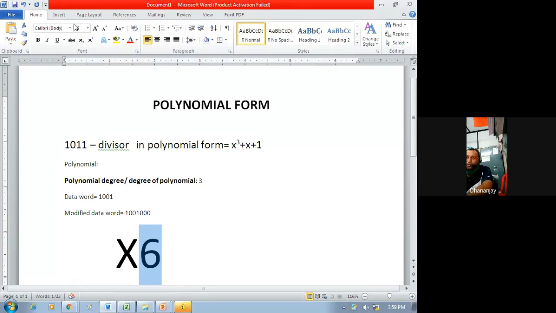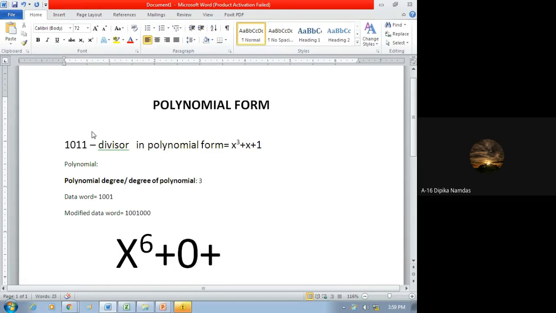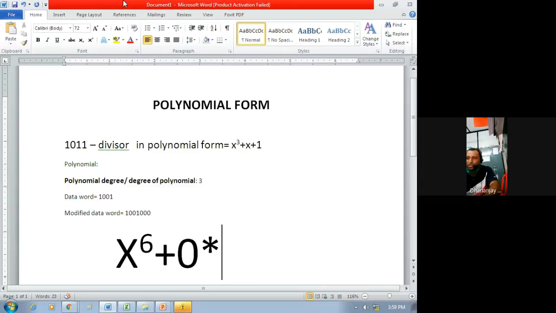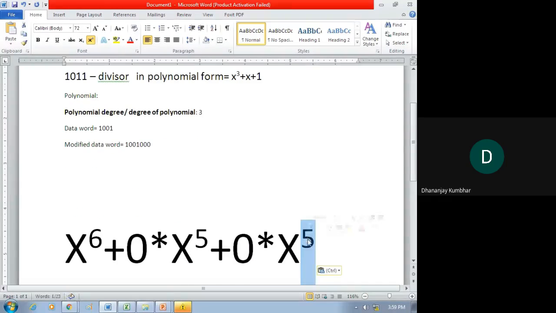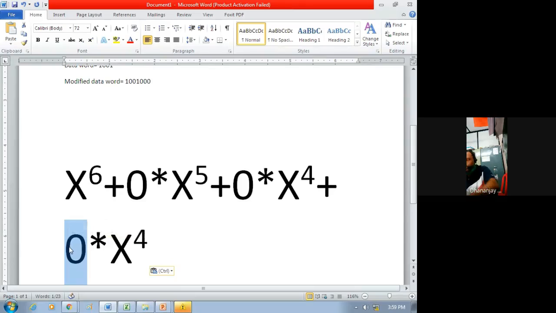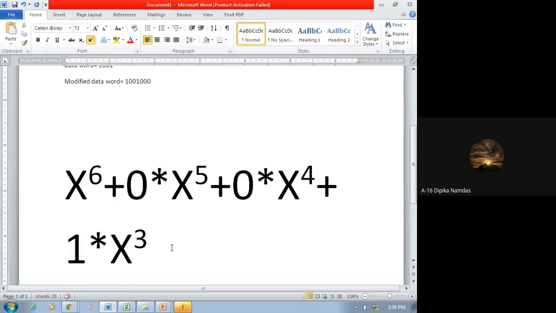ओके. हा थोडा प्रॉब्लेम येणारच आपल्याकडे. ओके. x raised to 6 झालं. पुढे काय होईल? प्लस पुढचे 0 आहे. 0 x cube इंटू, नाही तुम्ही लगेच पटकन फास्ट जाऊ नका, सगळ्यांना कळेल असं सांगा. 0 into x raised to 5, plus 0 into x raised to 4, plus 1 into x raised to 3, plus 0 into x raised to 2.